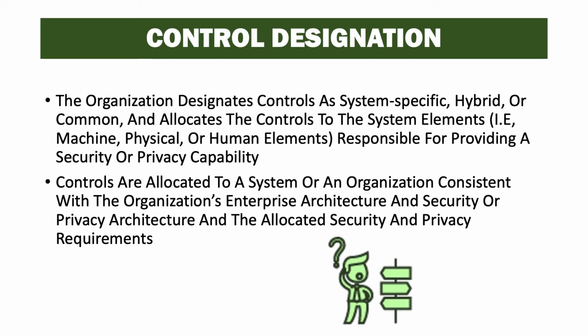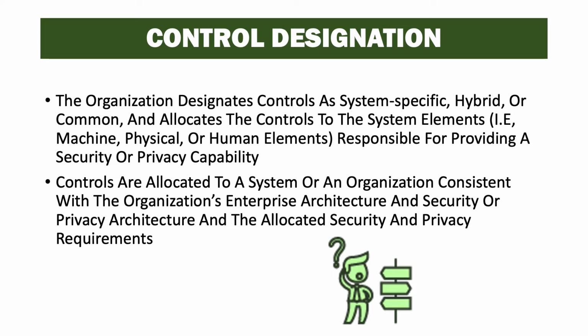The organization designates controls as system-specific, hybrid, or common, and allocates the controls to the system elements, that is, machine, physical, or human elements, responsible for providing a security or privacy capability. Controls are allocated to a system or an organization consistent with the organization's enterprise architecture and security or privacy architecture and the allocated security and privacy requirements.